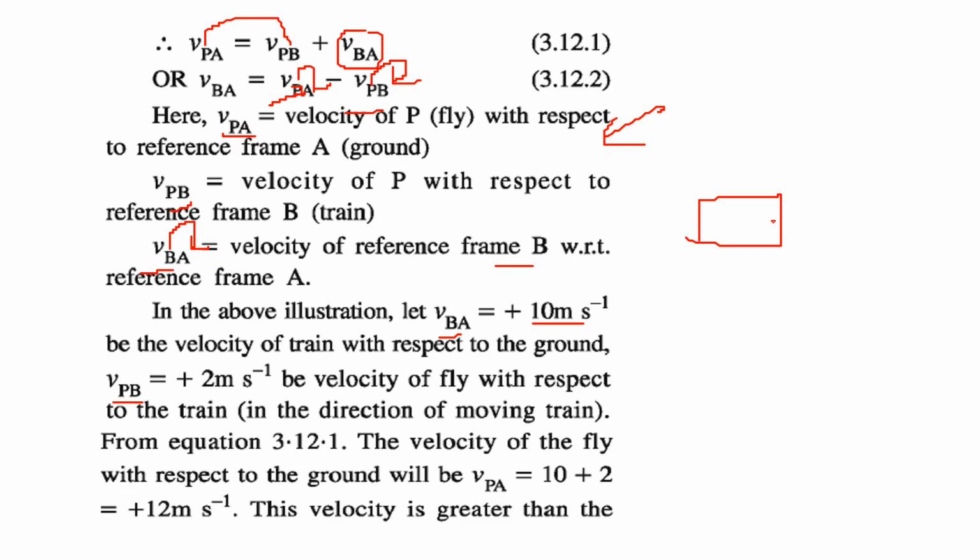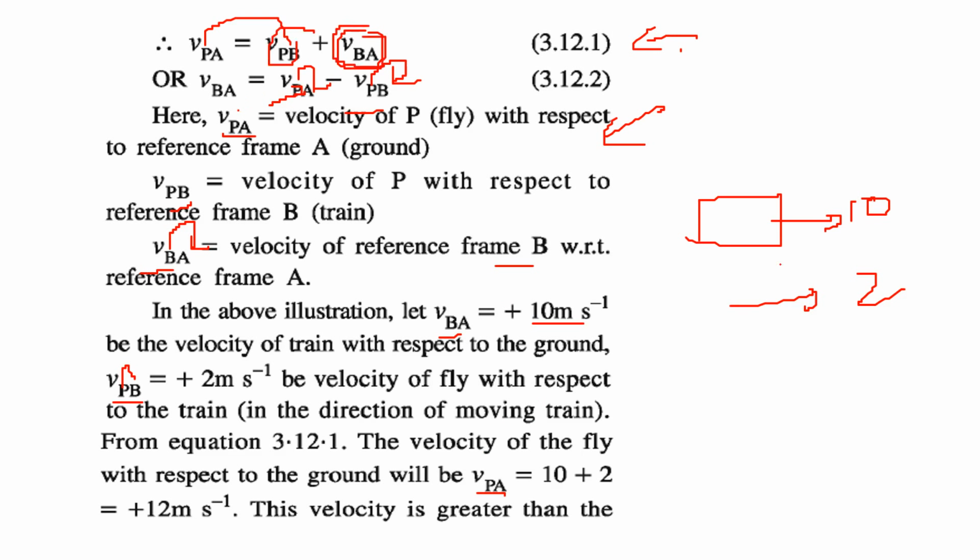So the train is moving at, say, 10, and the velocity which is the relative one, see, this is all relative. This is 2, the velocity of the fly with respect to the train. So if we take this equation, the velocity of the fly VPA is simply VPB plus VBA.